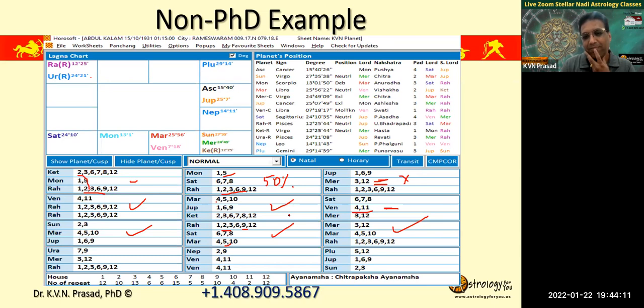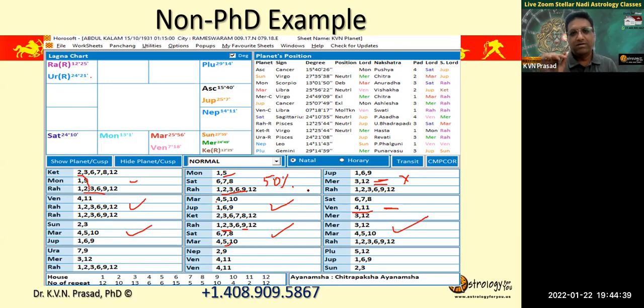No. Is the ninth lord sitting in Saturn's nakshatra or sublord? Ninth lord is Rahu. Not really, no. It's a no, right?